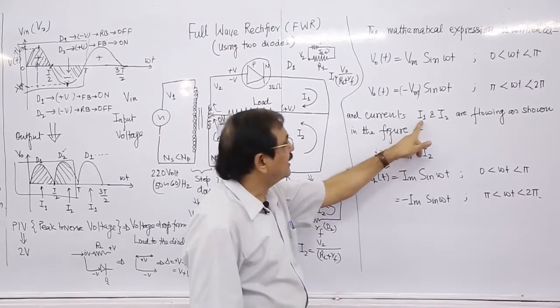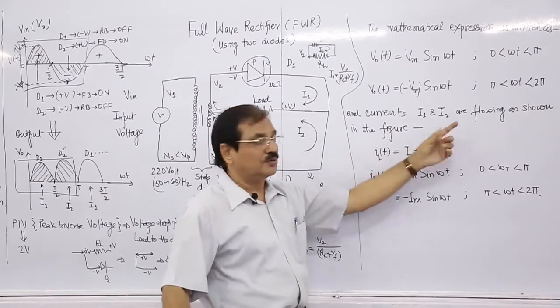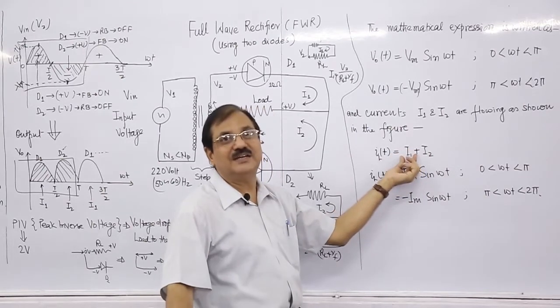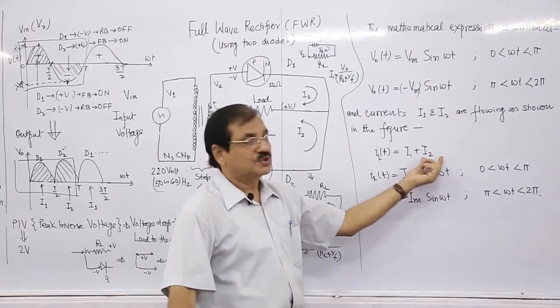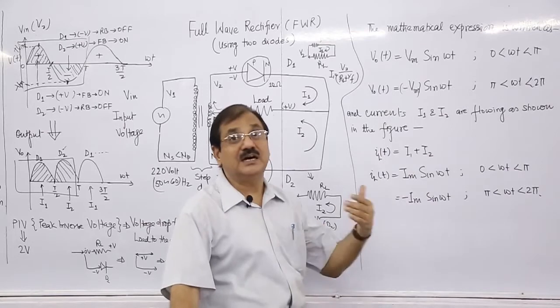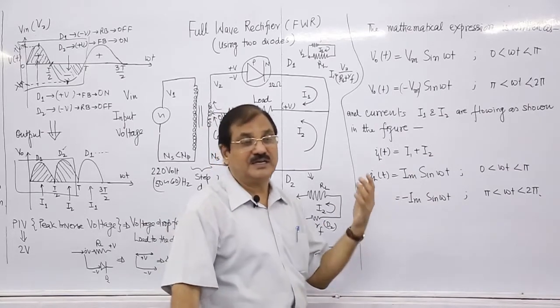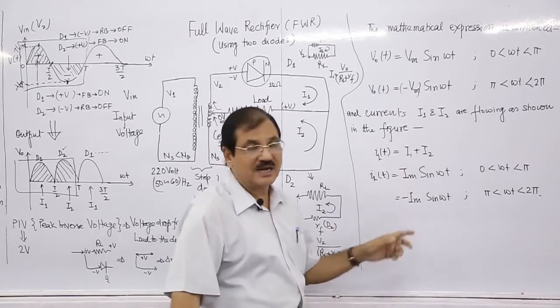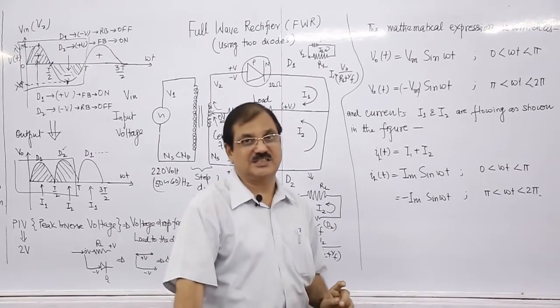For current I1 in one side, I2 in the other side. So, for one half cycle this is I1, and for the other half cycle it is I2. So, the load current IL is the sum of I1 and I2 in alternate mode, which means in one half cycle one is there, and in the other half cycle the other is there. Both are not present simultaneously.